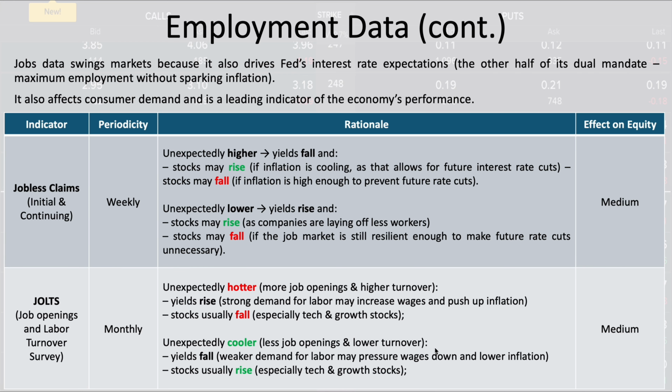The jobless claims, both initial and continuing, but most of the focus is on the initials, meaning the number of people that just became unemployed and are requesting jobless claims for the first time.